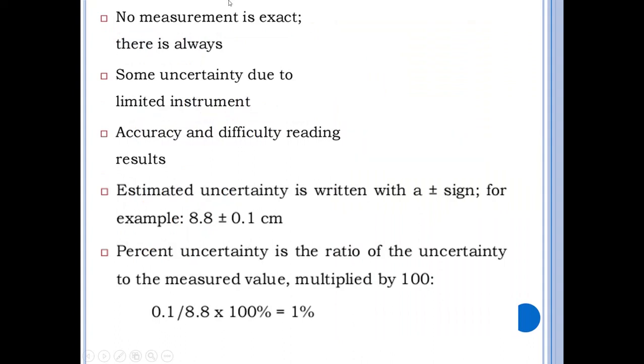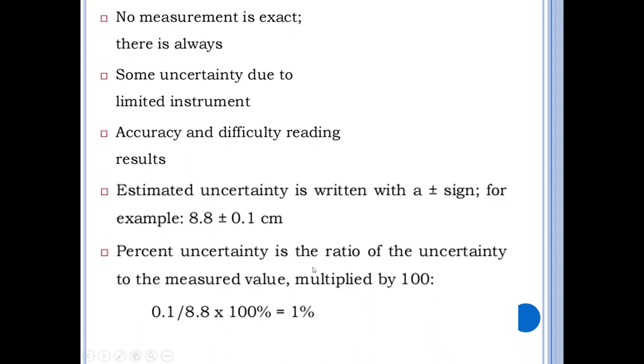Okay, no measurement is exact. There is always some uncertainty due to limited instrument accuracy and difficulty reading results, and estimated uncertainty is written with a plus minus sign. For example, 8.8 plus minus 0.1. The decimal place of the uncertainty follows how you write the value of your measurement.